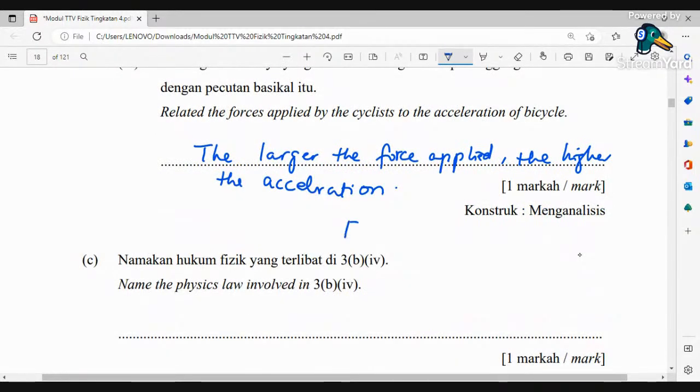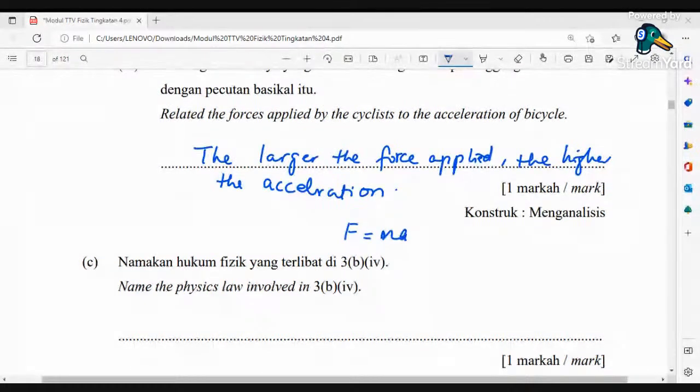Name physics law involved. Okay, F equals to ma. Ini apa physics law? What is the physics law? F equals to ma. Siapa yang online dengan saya?